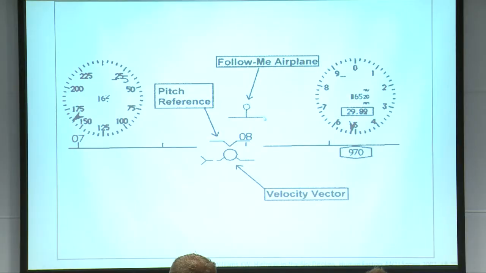So it's very common in the navigation displays to have a follow-me airplane that shows where the plane is going to be. And this is what makes all control systems easier to manage and maintain. So that prediction into the future is perhaps the most significant contribution of both of these displays into making it easier to control and manage anesthesia.